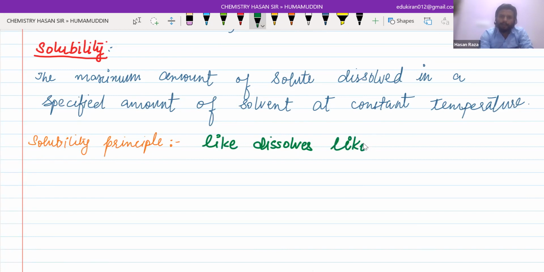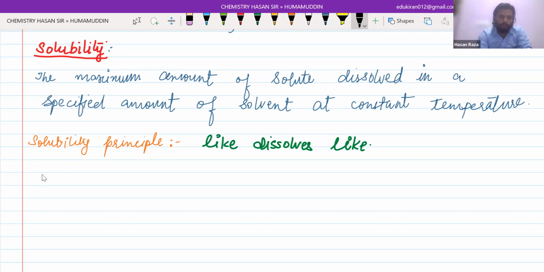That means basically in a solution, you know that two components are there, solute and solvent. If solute is polar, then polar solute is soluble in polar solvent. Polar means charged. We will talk about this. And non-polar solute is soluble in non-polar solvent.